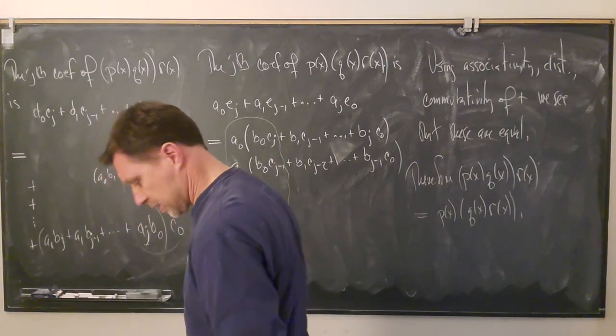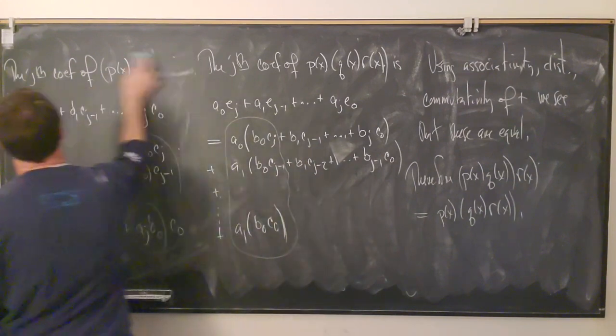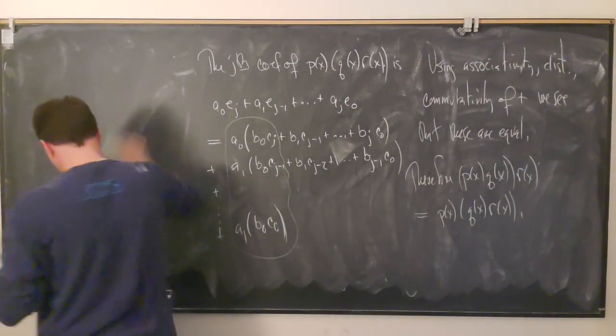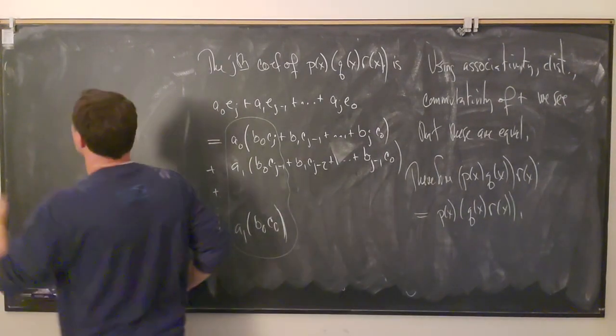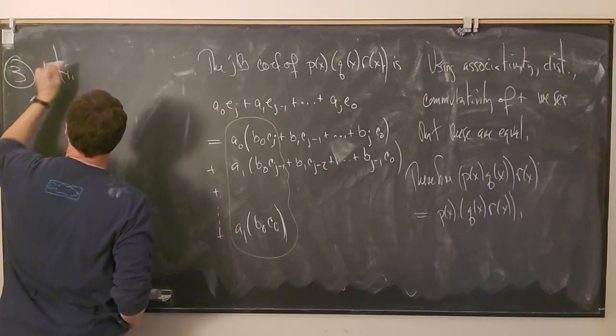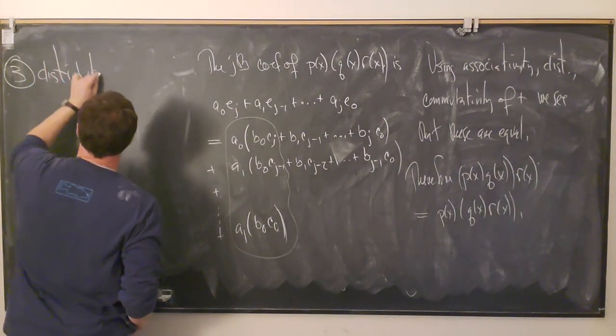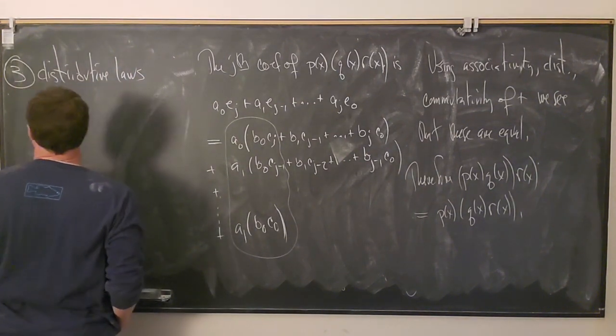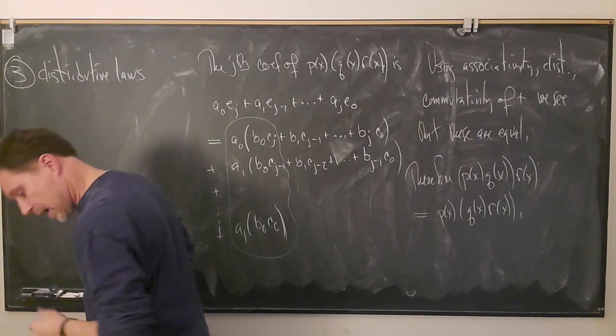Okay, so now we just need to finish off the distributive property. So let's say now distributive laws. Let's do the ith coefficient.